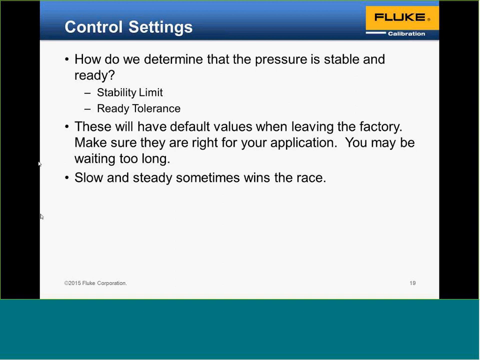If you go faster, you get more overshoot and it takes longer to stabilize at the pressure, whereas a slower increase in pressure as you approach the set point results in less temperature effects. So slow and steady sometimes wins the race.